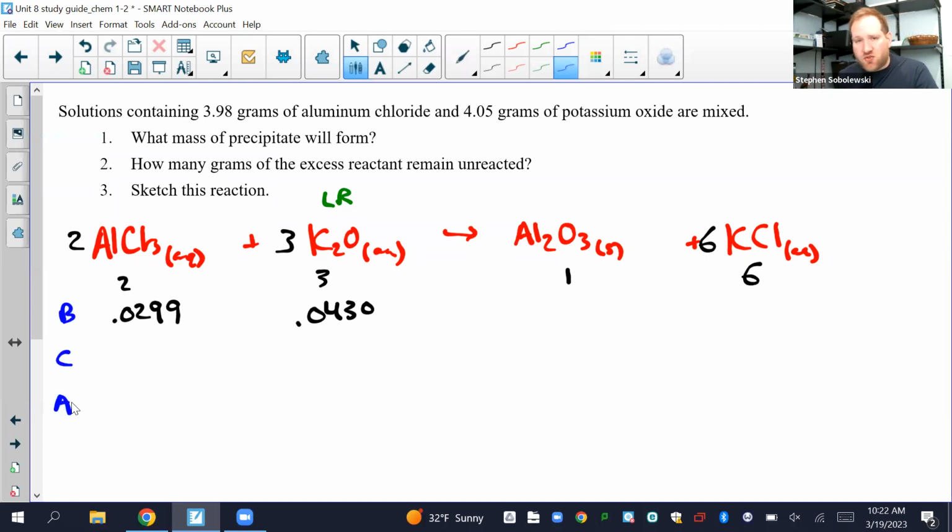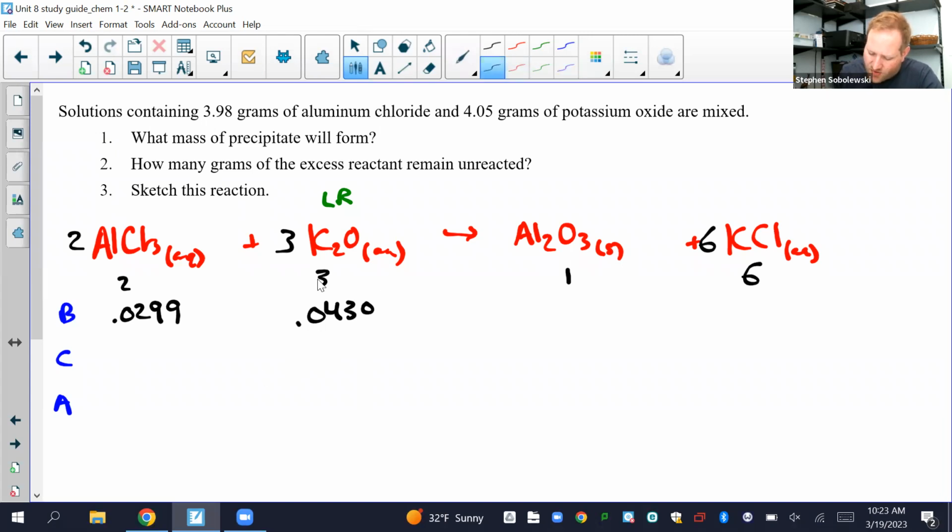Now, even if your teacher hasn't used the phrase BCA, they've probably arranged these in a way where you're starting with the original moles, I call that before, taking away the moles that react, change, and seeing how much you have left over after. Now, we don't need to fill in a full BCA table for this part. I'm really just looking for it for this. Although maybe if this were a test or quiz, I would maybe just do a BCA table because that would help with number 1 and number 2.